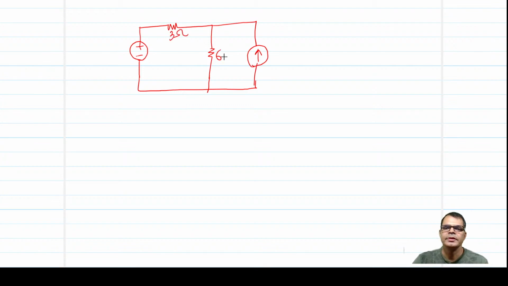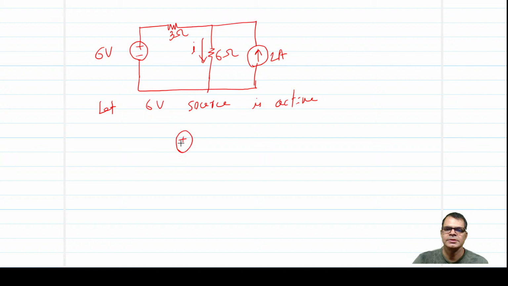3 ohm, 6 ohm, this is the 2 ampere current, and this is your 6 volt. We need to find I. So first let the 6 volt source be active. So the circuit becomes, because as per the superposition theorem, you need to reduce all other sources to 0.